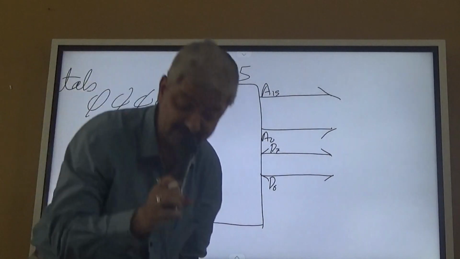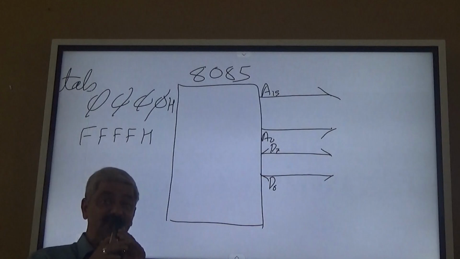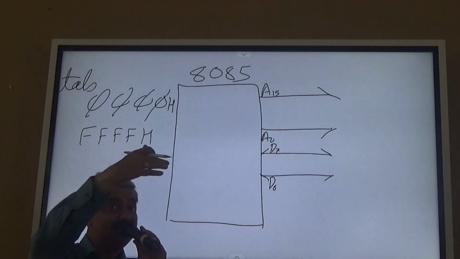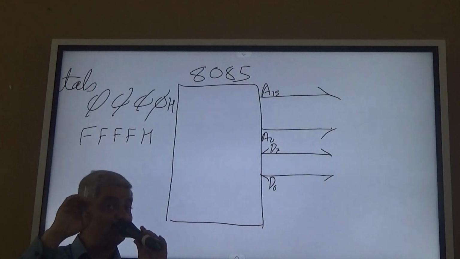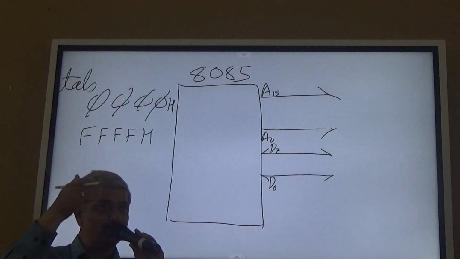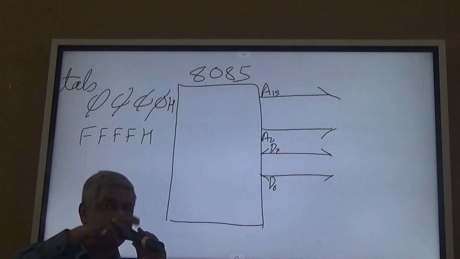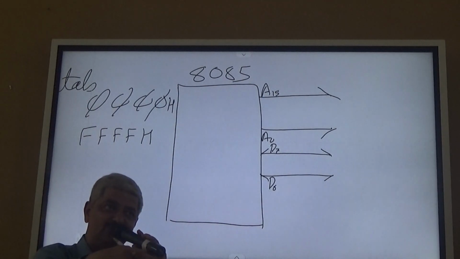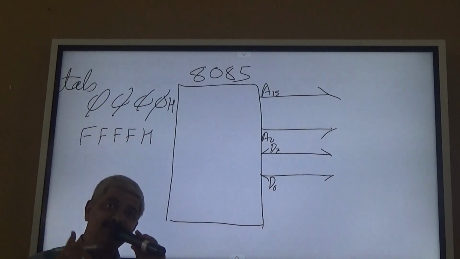Listen to the difference. I said writing something somewhere, and reading from somewhere; I am not using the word something there. Why? Because in a write cycle, the microprocessor has to supply a 16-bit address and also 8 bits of data.